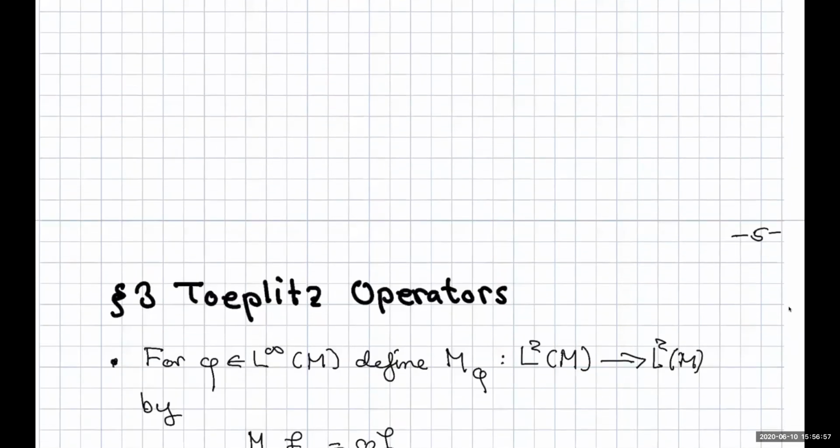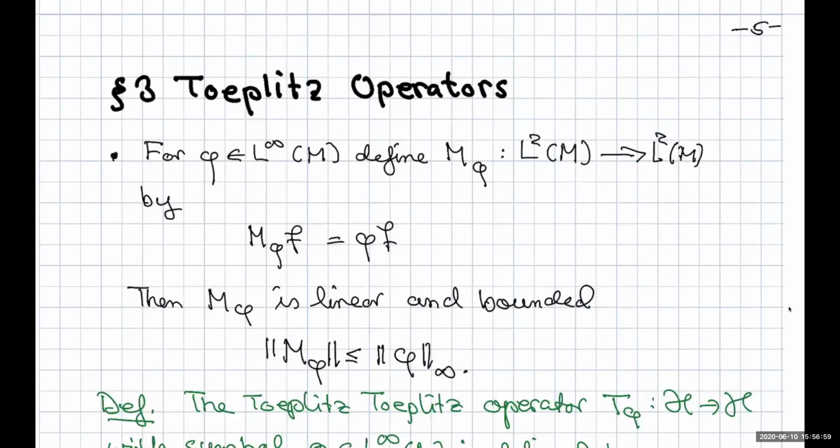And now comes the definition of a Toeplitz operator. You take a bounded measurable function phi on M, and on the L2 space you have a multiplication operator. It is a bounded operator with norm less than or equal to the infinity norm of phi.